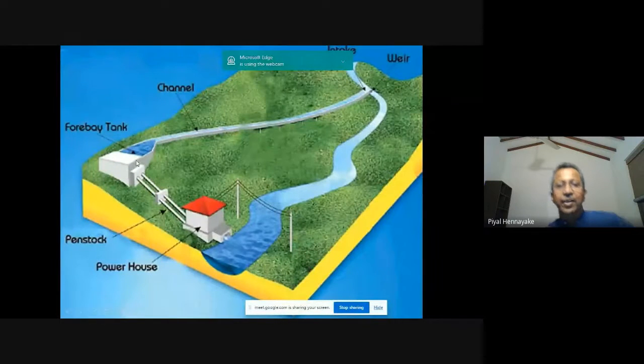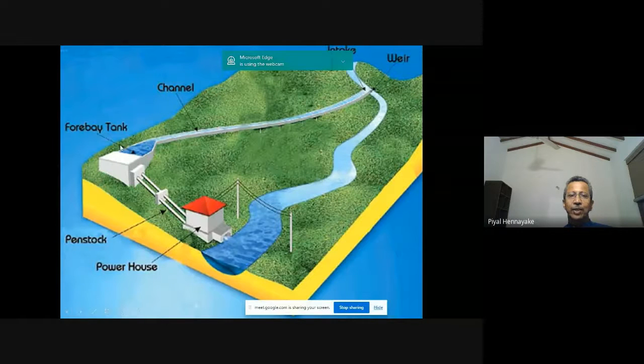The river is here. With the weir, you get the water up to the forebay tank, and the forebay tank water comes in penstocks to the powerhouse, and the powerhouse generates electricity.